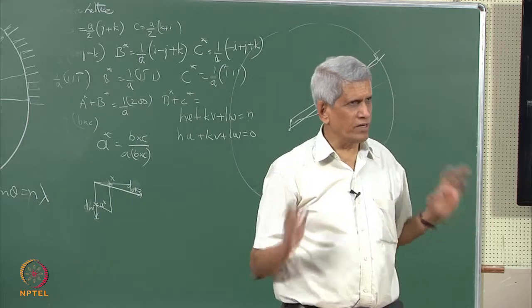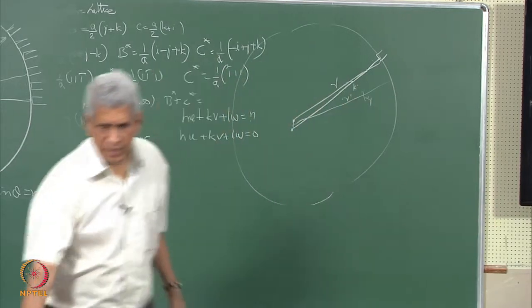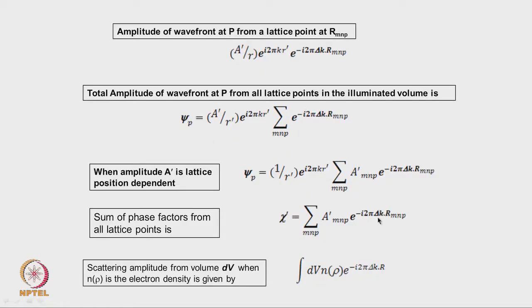The condition for constructive interference is nothing but that this delta k dot R_mnp should be equal to an integer, for each point, correct, is it not? And this is what we have written as the amplitude part of the wave coming to the detector in a particular direction.